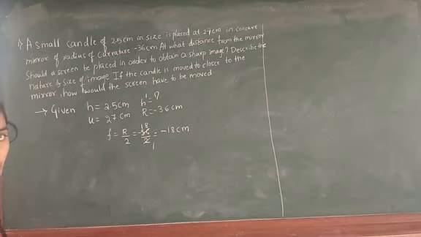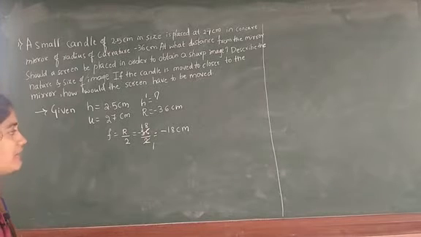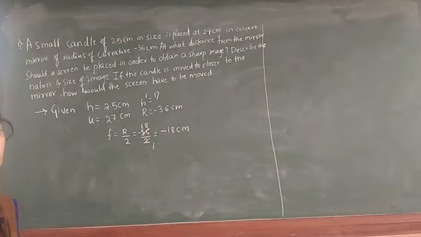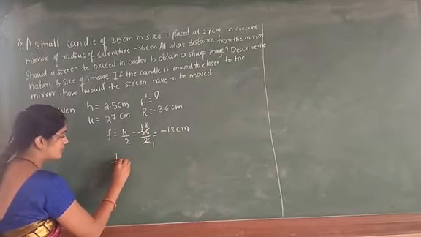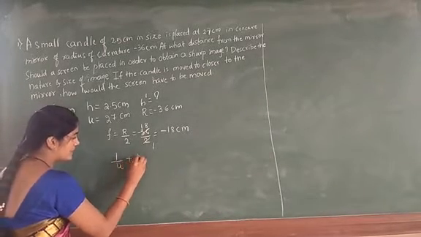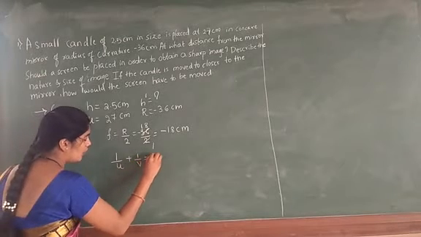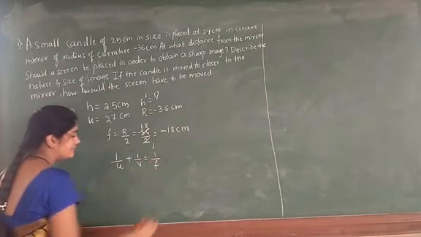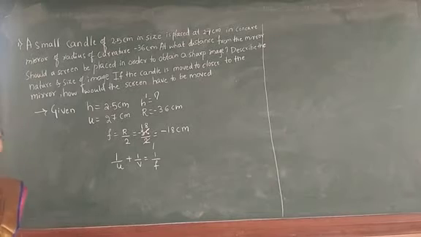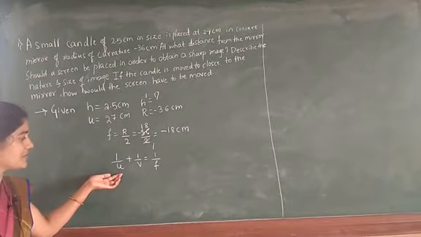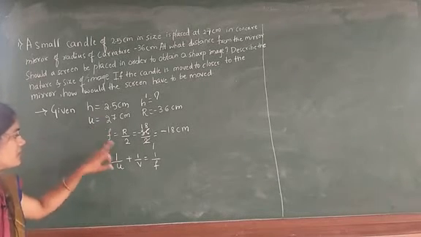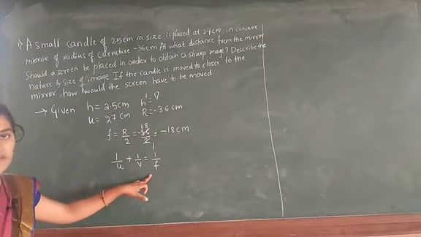Again we have to find the image distance, which can be obtained by using the mirror formula. Let us consider the formula: 1 by u plus 1 by v is equal to 1 by f. Here we know the value of u, v is not given, f is given.